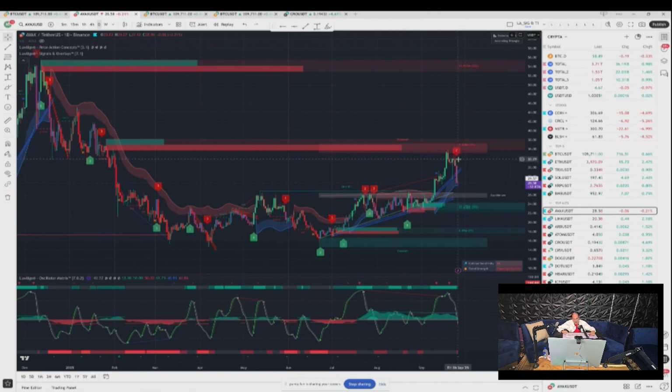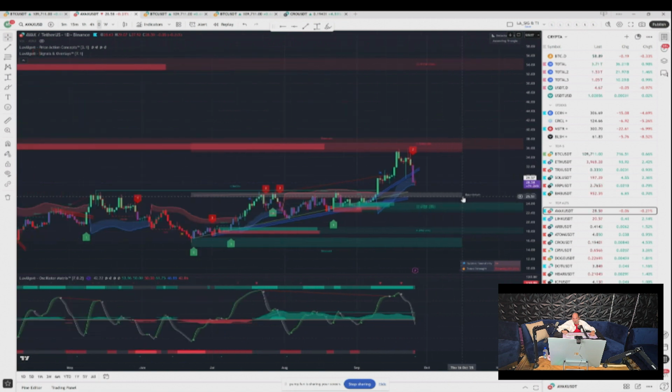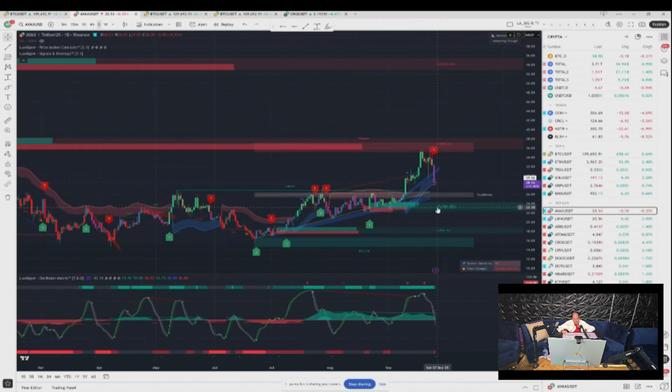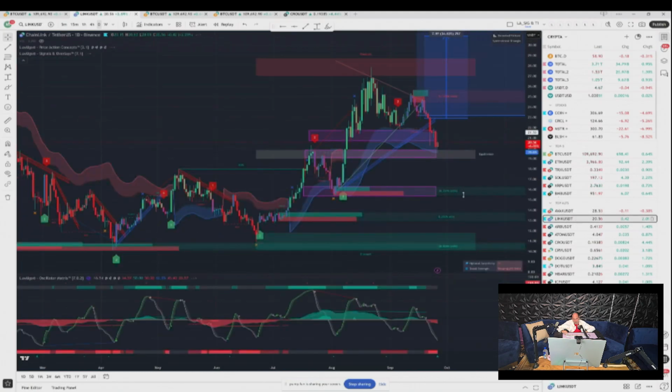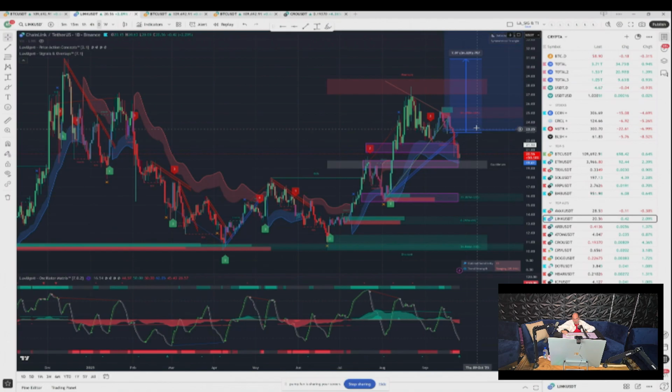Again, I don't expect the correction to be strong enough to catch a nice short. I would see it rebounding from the 24 zone right now. So look out for 24. For now, that's the zone that should be in play. That's where you should be looking to add to the position or open a new position if you're not into it yet.